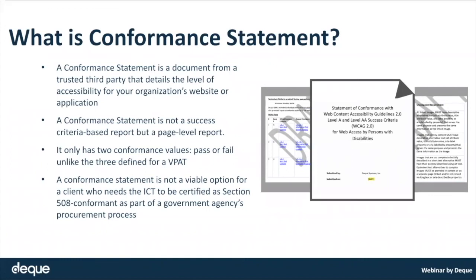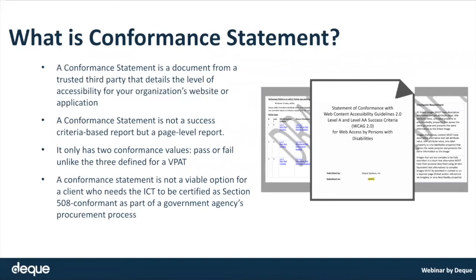It is not going to give you a success criteria based report, but it's going to give you the number of pages which have a good score and which do not. And it will only have two conformance levels, at a page level, not at an SC level.